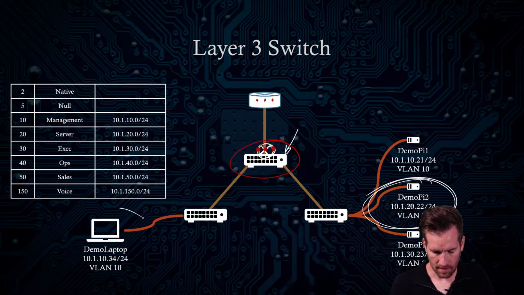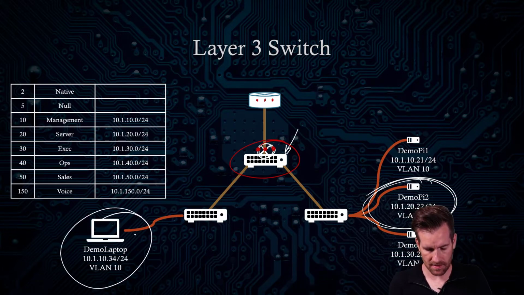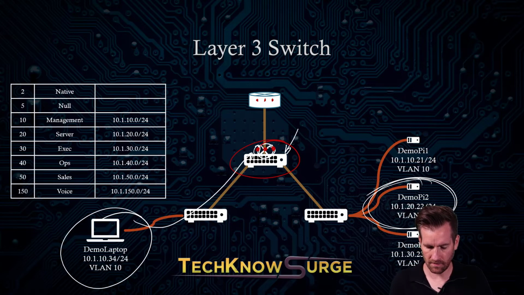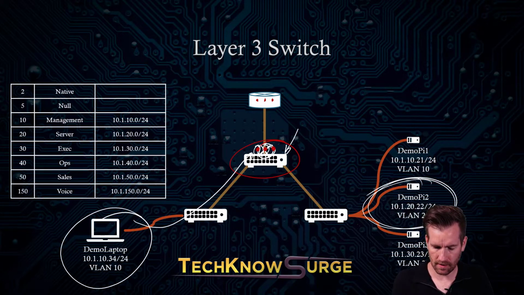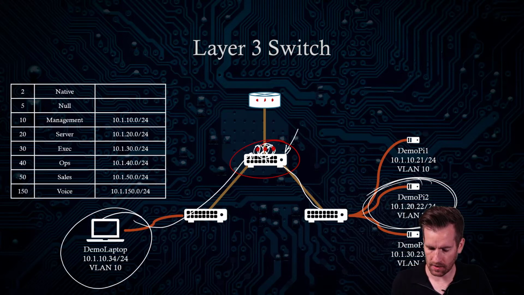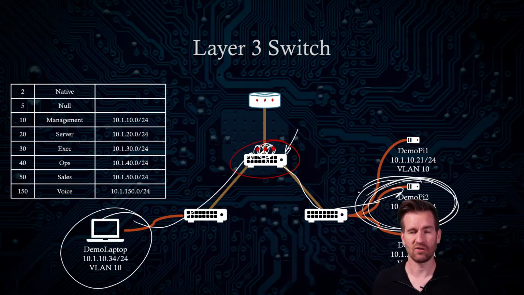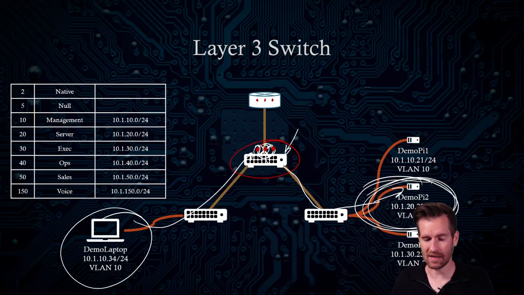So this VLAN 10 right here, if this laptop wants to communicate to the server network, then it lands on its switch virtual interface. It gets routed to the VLAN 20 switch virtual interface and then gets put on the line as a VLAN 20 packet. And then it makes it to whatever device it's trying to communicate with on VLAN 20.